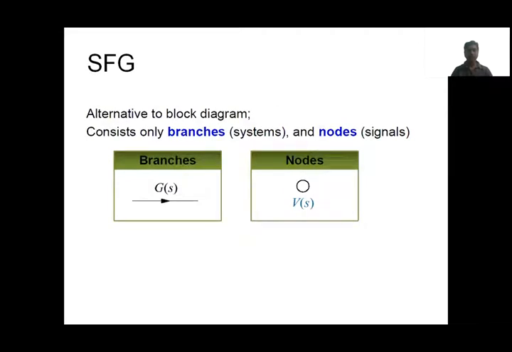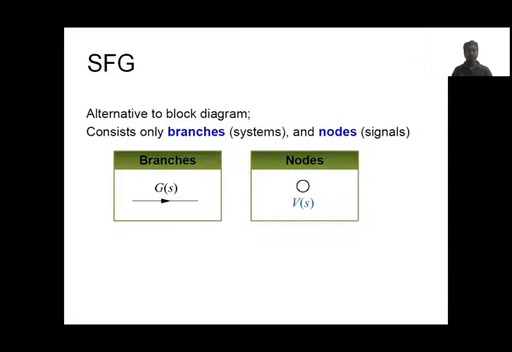See, this is a simple representation of a signal. Here the signal gain is G of S, and this signal is represented like a single line with an arrow mark that represents the flow of the signal, the direction of the signal flow.